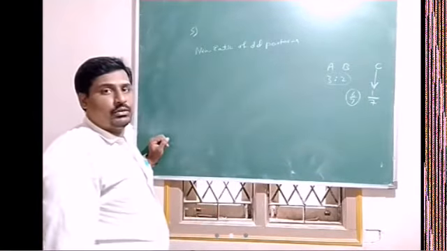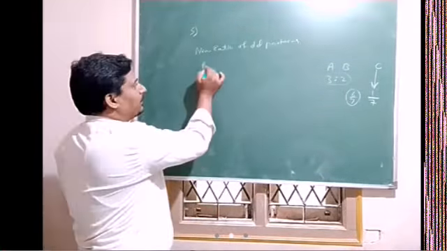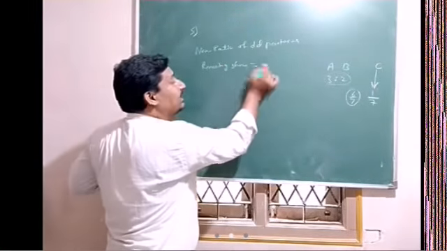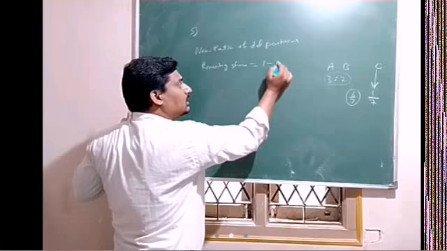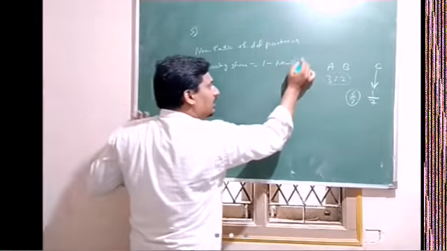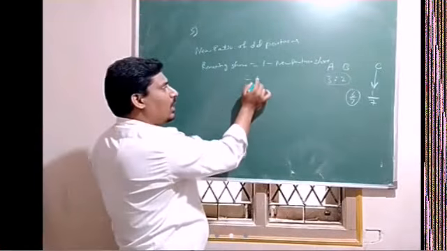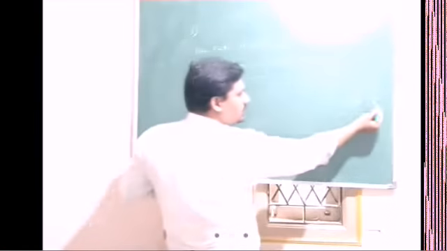How to find it? First find the remaining share. Remaining share is equal to 1 minus new partner's share. So how much is 1 minus the new partner share?